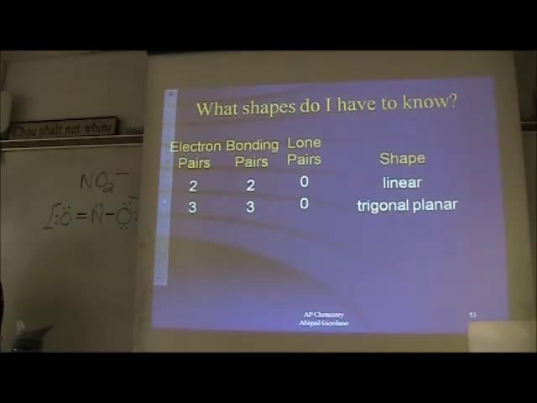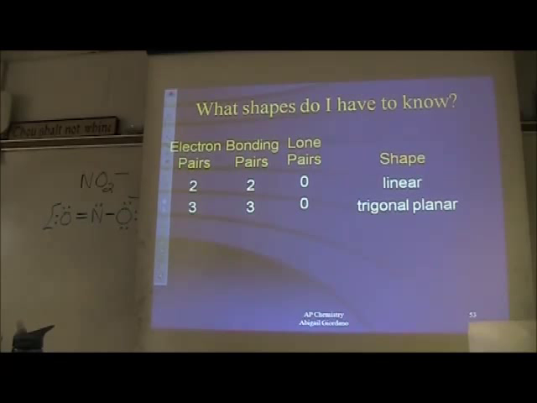Now, guys, this is an excellent example of where your two-dimensional drawing is not going to look like the three-dimensional shape. I don't care what shape your drawing takes. Some of you may have drawn this in like an L shape. Fine, I don't care. I drew mine straight, you don't have to. But be assured, it is definitely not a linear molecule.